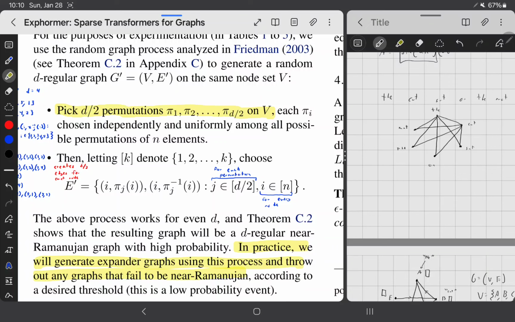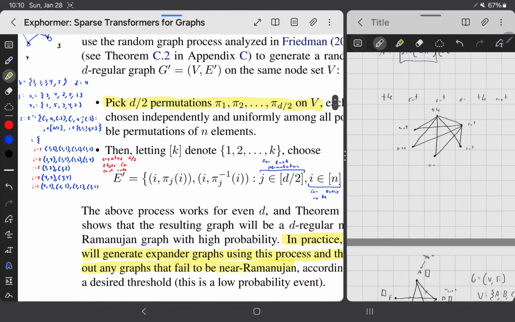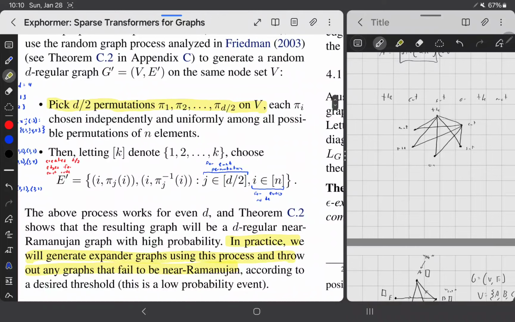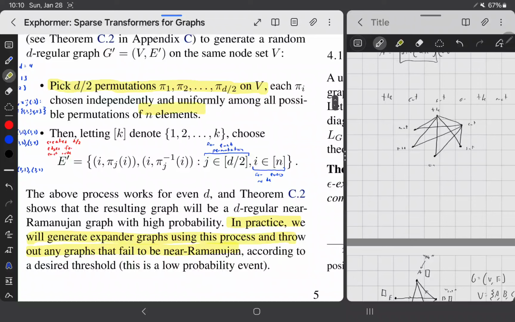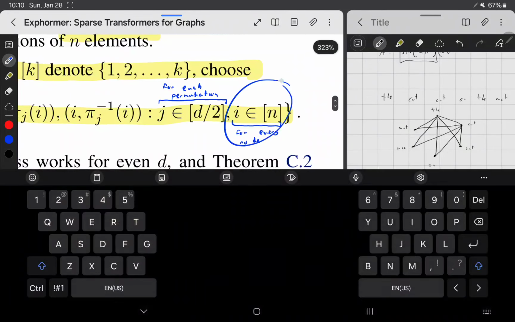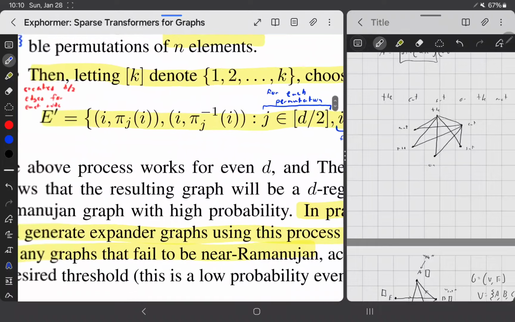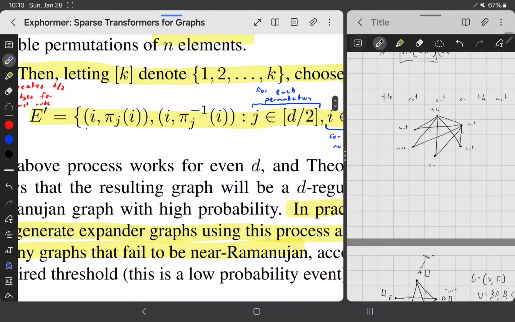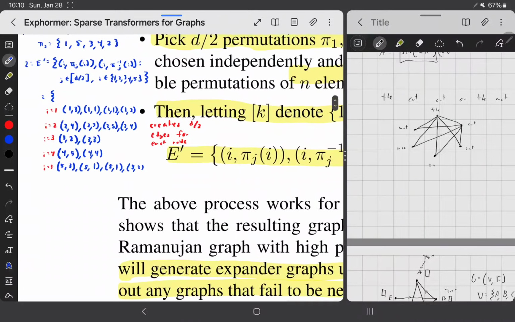So you create these permutations, so just permutations of the vertices, of the n elements. And then all you do is you select some of those, or rather for each node. So for every node, you look at every permutation. I have an example over here.